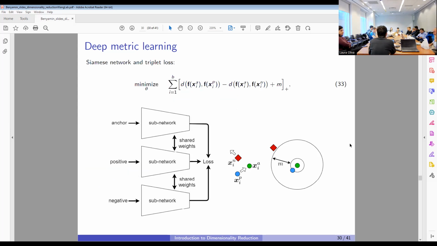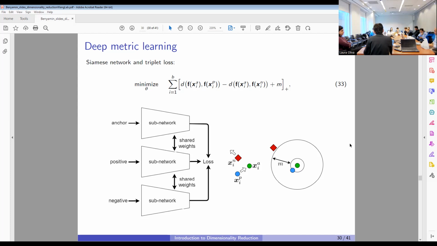So, Siamese net. One of the ideas, the breakthroughs in deep metric learning, was the Siamese network. What is a Siamese network? Assume that I have 2 or 3 copies of the same network, or I have the same network and I feed it twice or 3 times. Doesn't matter. They are sharing their weights.